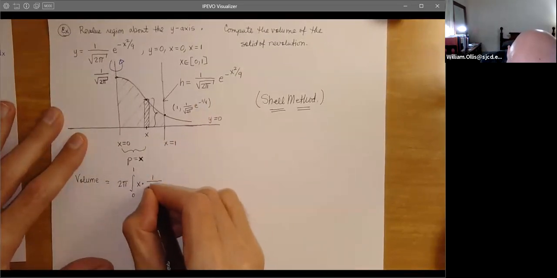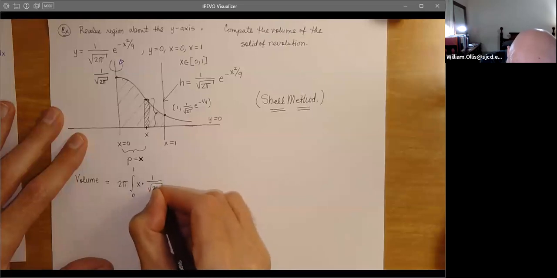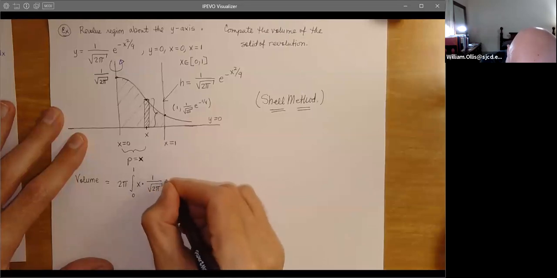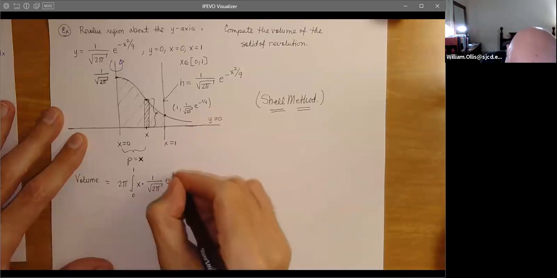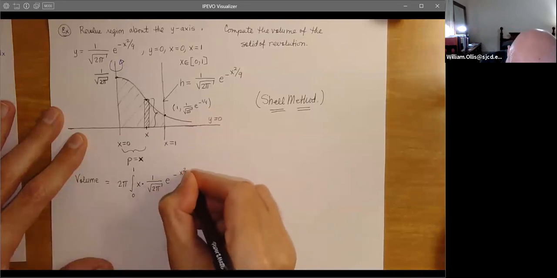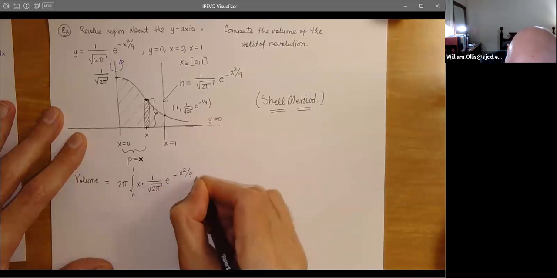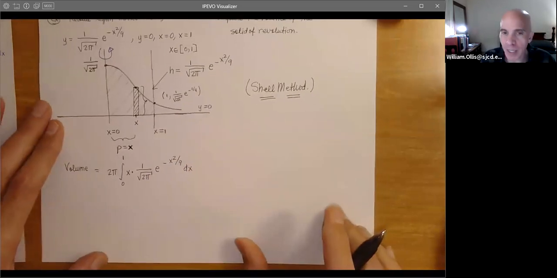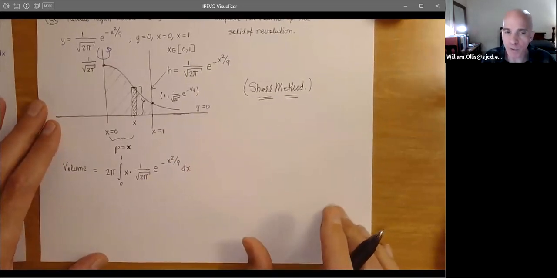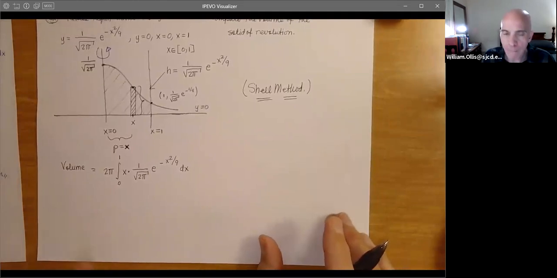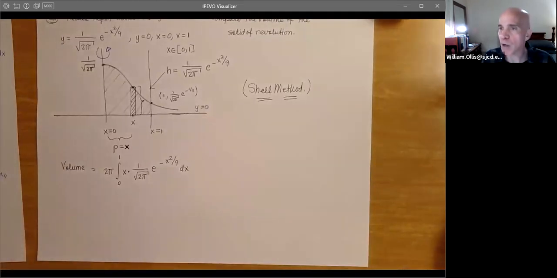So we have 1 over the square root of 2 pi e to the negative x squared over 9. So this is just a nice computation. Like I say, it looks difficult, but it's a very straightforward computation, using some functions that we maybe don't utilize as much. We tend to focus on the algebraic ones and maybe a few trig ones, but right now we're kind of focused on the radicals and the algebraic structures.